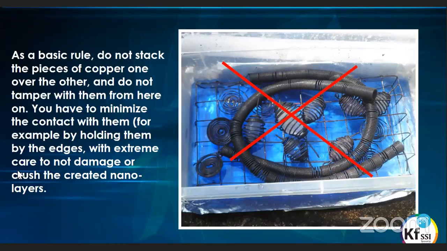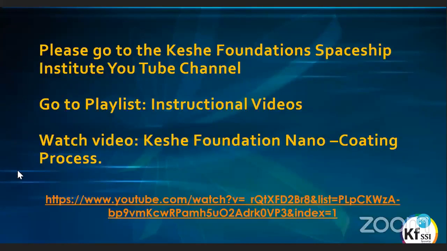You need to make sure that everything is separate and not touching each other, because you're just damaging the nano layers. And then there is an instructional video. If you go to the YouTube channel and go to the playlist of instructional videos, you will see a video of nano coating there, as well as some information on the KF Wiki.